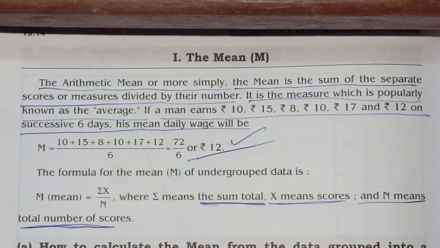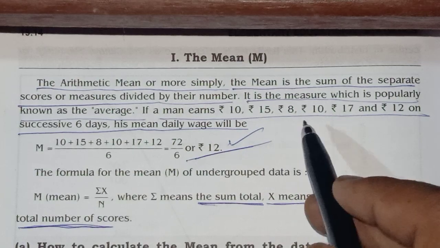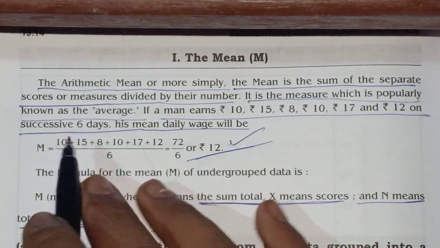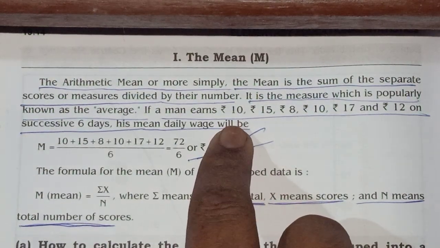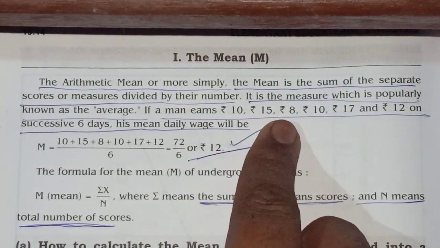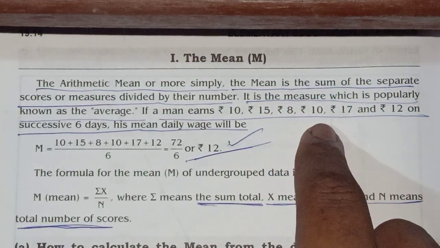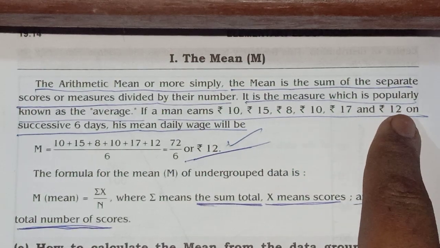So what is mean? Look, a man earns 10 rupees, 15 rupees, 8 rupees, 10 rupees, 17 rupees and 12 rupees on successive 6 days. First day he is earning 10 rupees, second day 15 rupees, third day 8 rupees, fourth day 10 rupees, fifth day 17 rupees and sixth day 12 rupees.